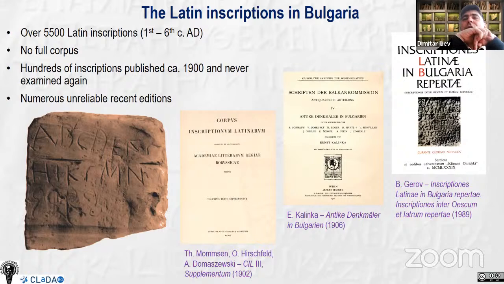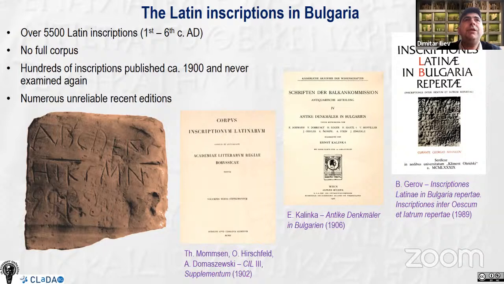And in this Inscriptiones Latinae in Bulgaria Repertae, you have only the Inscriptiones inter Oiscum et Iatrum Repertae, which are today's rivers of Iskar and Yantra. So this is only a part of the territory which was supposed to be covered by Gerov's corpus, and apart from that, it was published posthumously, without his active participation in devising the final output.